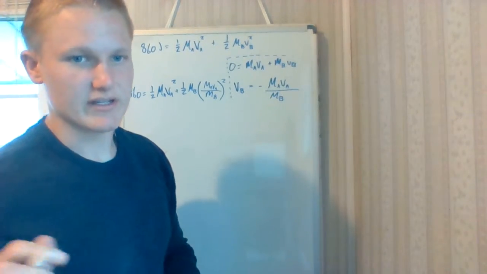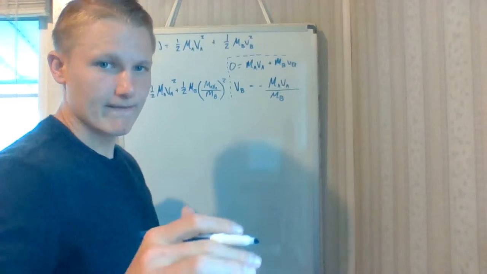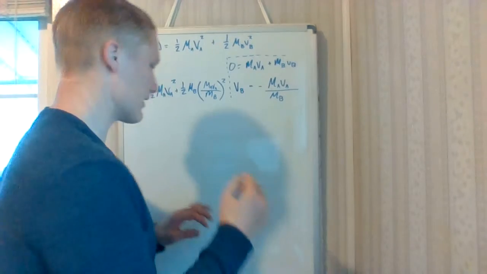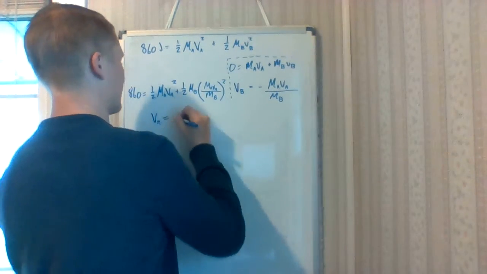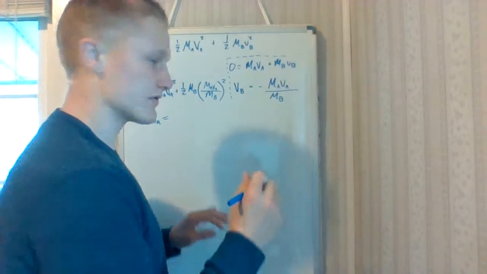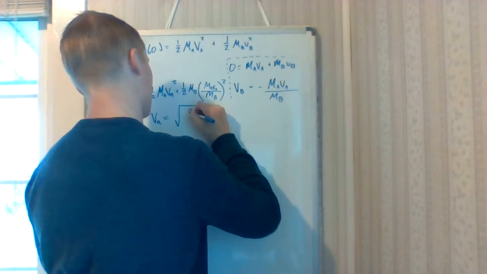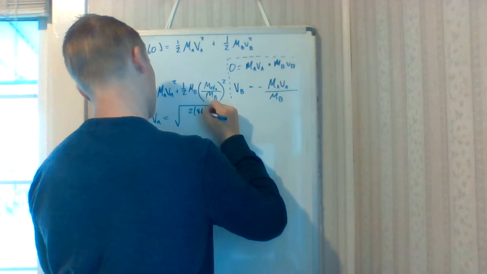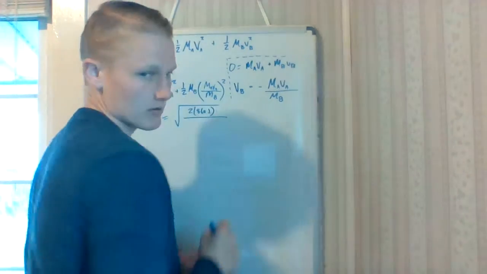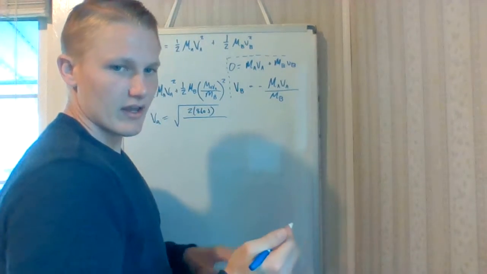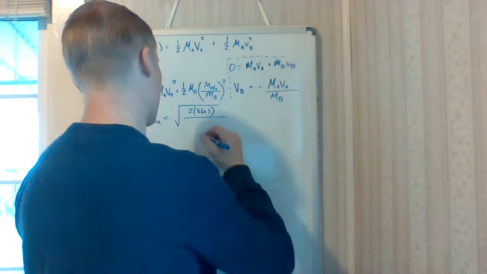Now I can plug them in and solve for VA. VA equals the square root of 2 times 860 over MA times 1 over MA plus MA over MB.